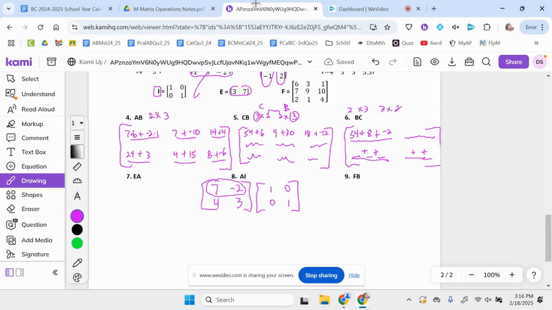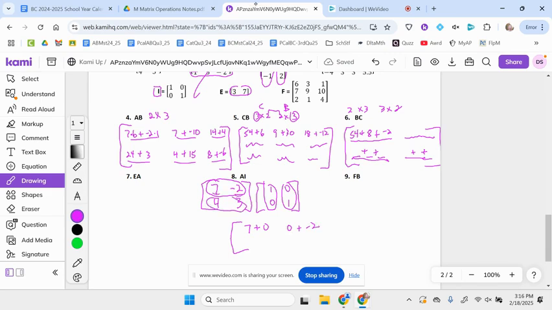So when I take this row times this column, it's 7 times 1, which is 7, plus negative 2 times 0, which is 0. 7 plus 0 is 7. Then when I take this row times this column, that's 0 plus negative 2, which is negative 2.